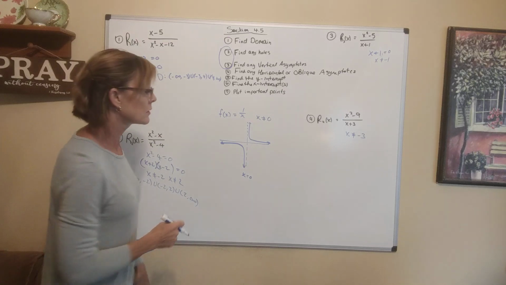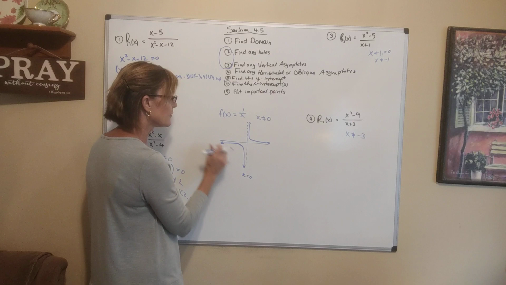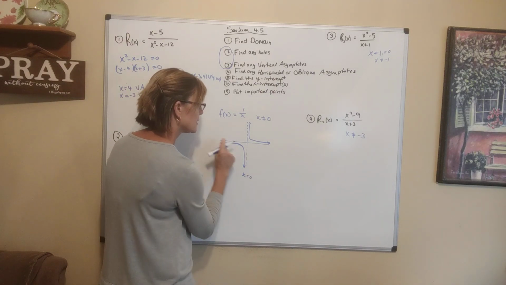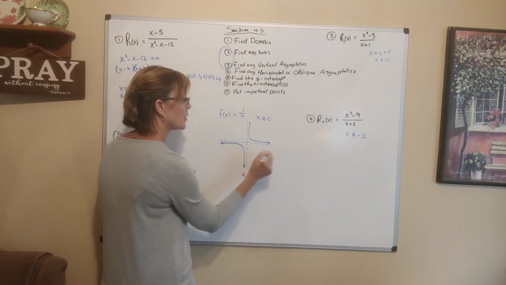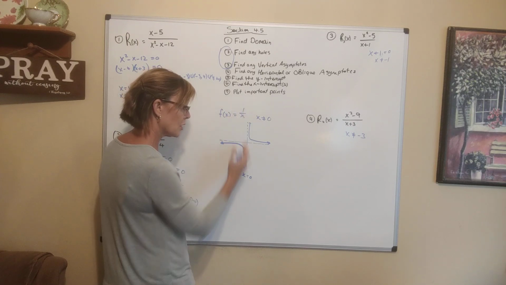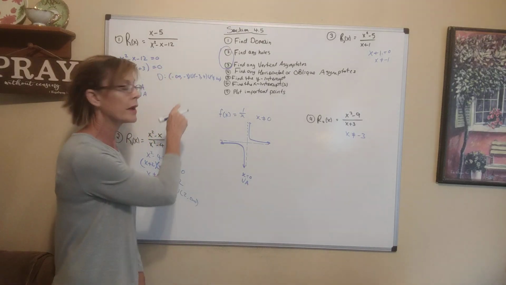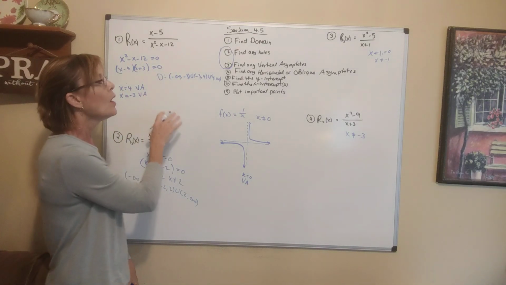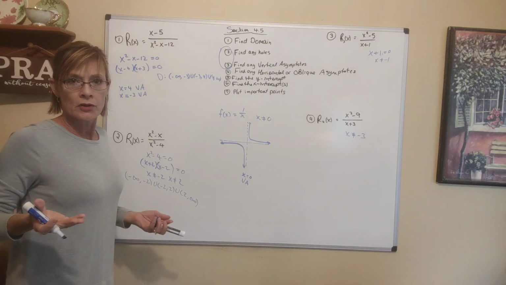It doesn't have to do both of those things. Right here, where it's hugging this horizontal line, is a horizontal asymptote, a horizontal line that it approaches. So a vertical asymptote is the vertical line that it approaches. And where does it come from? Where it's going to be dividing by 0. So we'll go through problems 1, 2, 3, and 4 and say what the vertical asymptotes are.